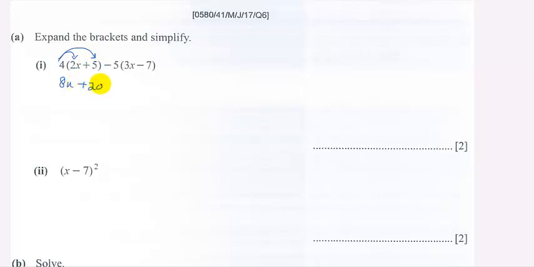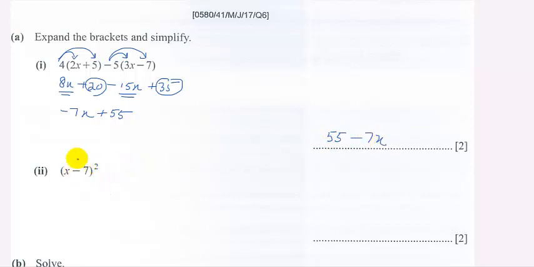Minus 5 with this, minus 15x, minus 5 with this minus 7, plus 35. So we have minus 15x and this minus 7x... and this plus 20 and plus 35, plus 55. The final answer, you can write it as 55 minus 7x.